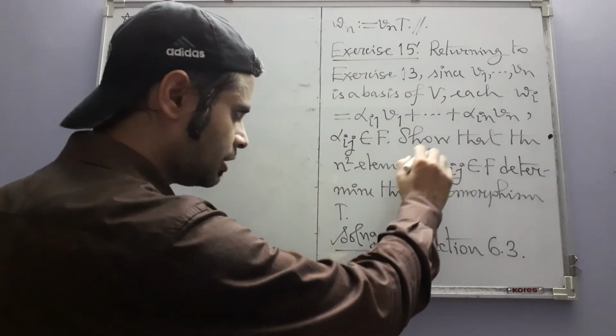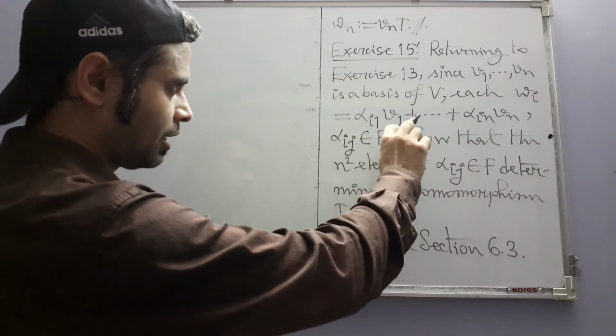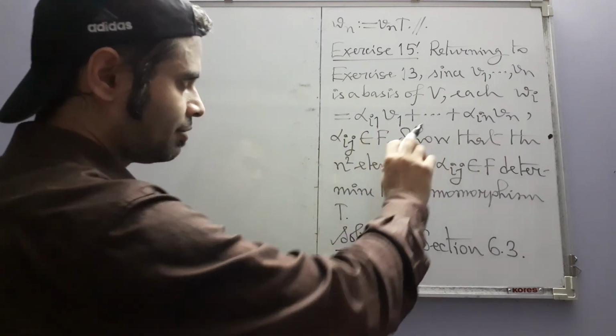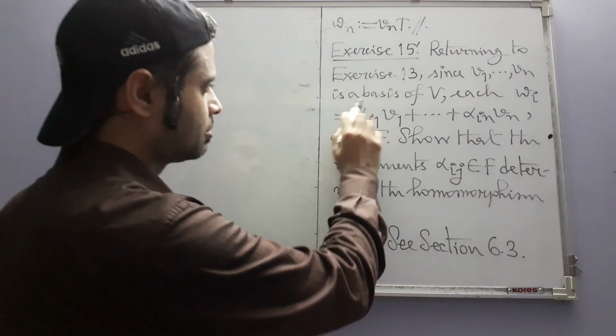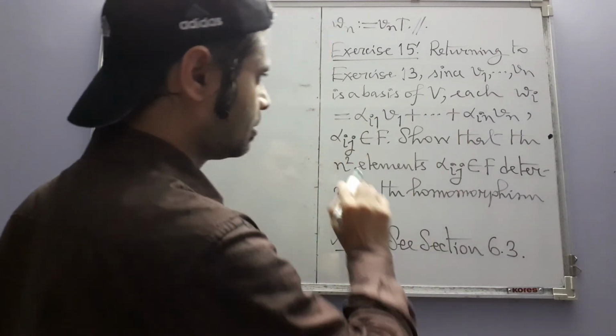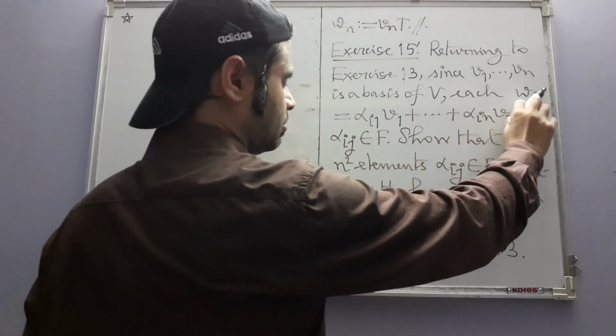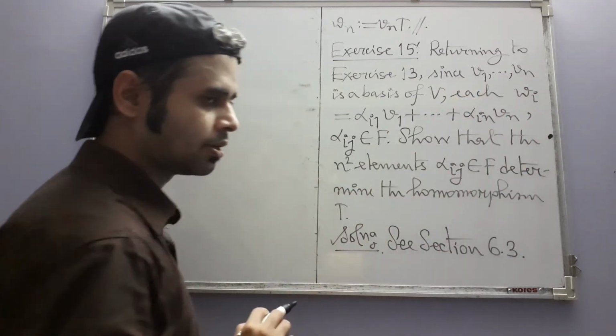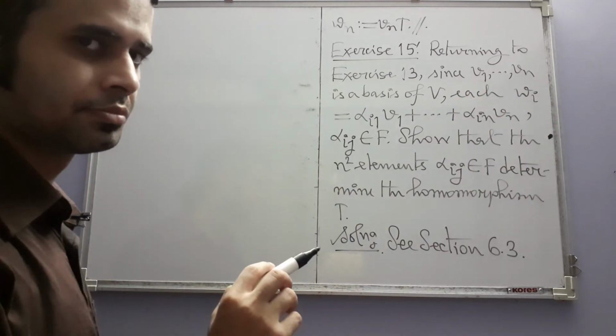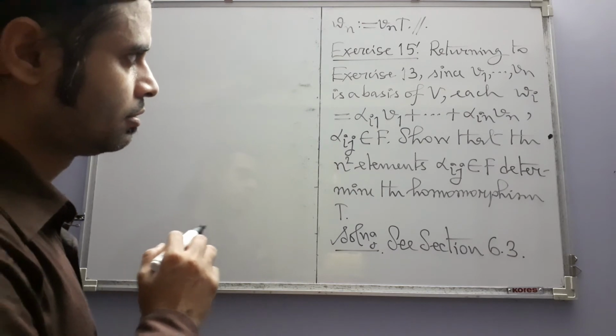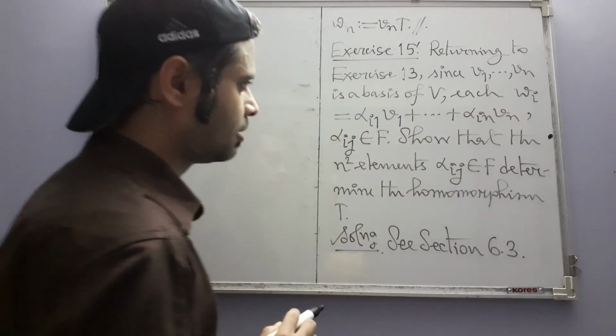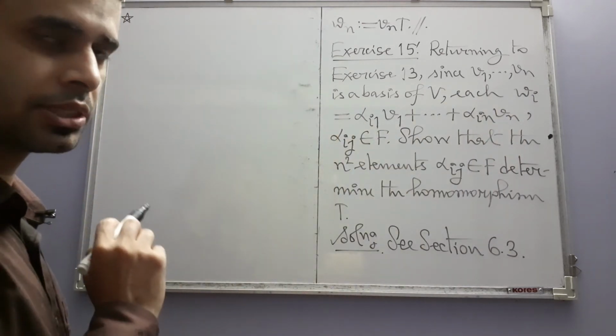The uniqueness comes from the fact that we have a basis, and these alpha i's appear as scalars in expressing the wi's as linear combinations of basis elements.